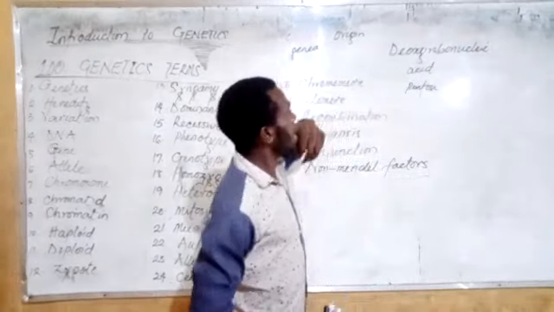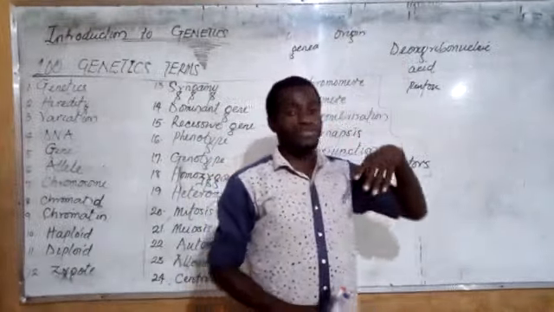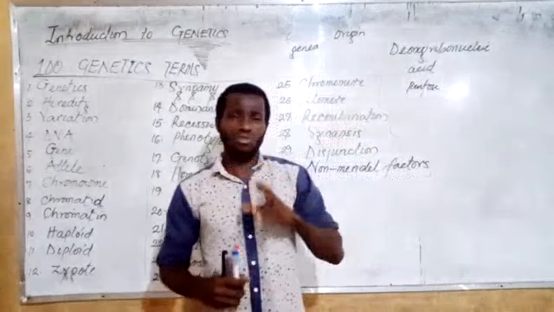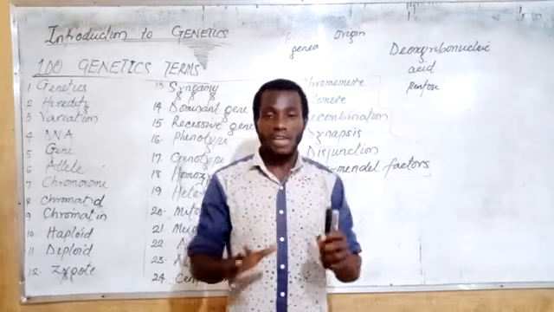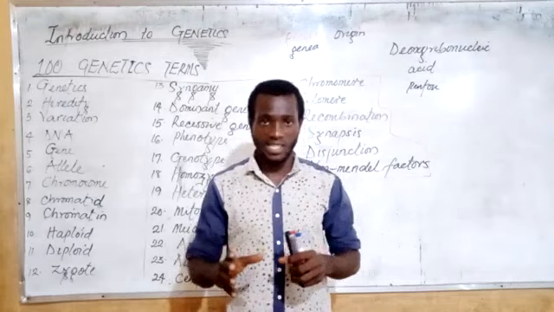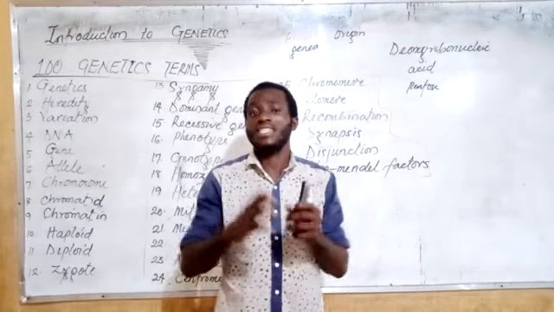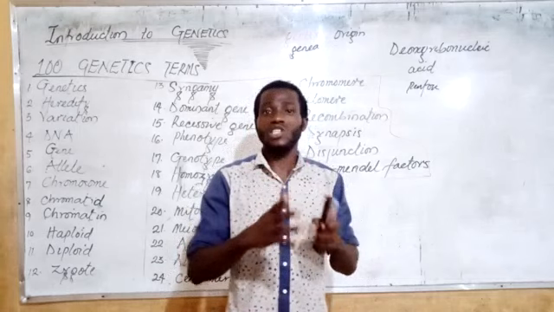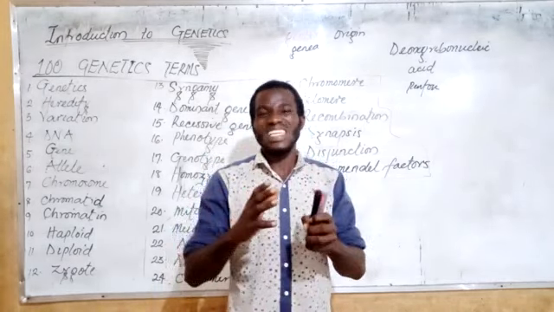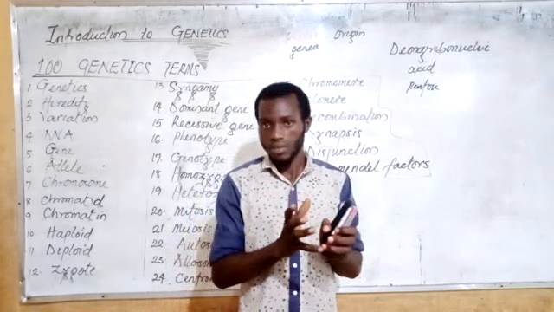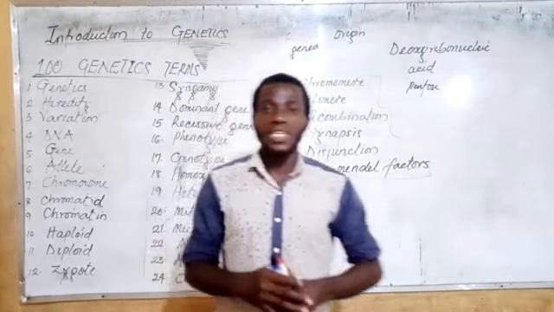All right. Now it is basically the structure that codes for life. Basically, that is what DNA is. It's a double helical structure that has the code in which everything about an organism is designed after. Now, it carries a code.